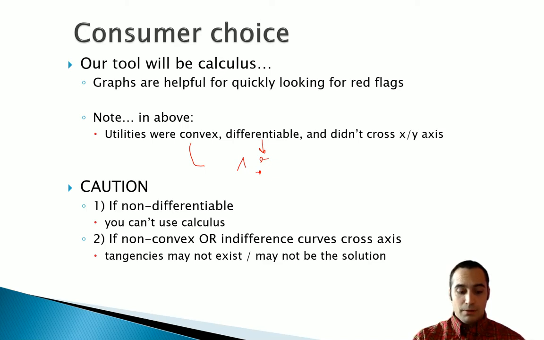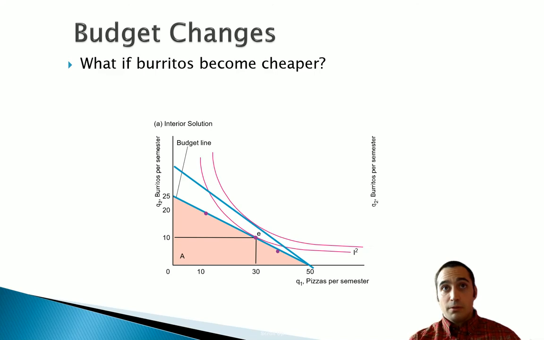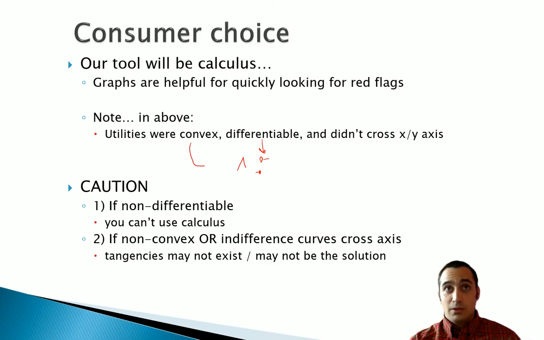Anytime you can't take a derivative, you're not likely to be able to have any fun when you try to use calculus. Other thing you might wonder is, well, what can happen if I have convex differentiable indifference curves, but they cross the y-axis? You'll see above, these indifference curves seem to asymptote and never actually cross the axis. If they do cross the axis, we get into additional and bigger problems.